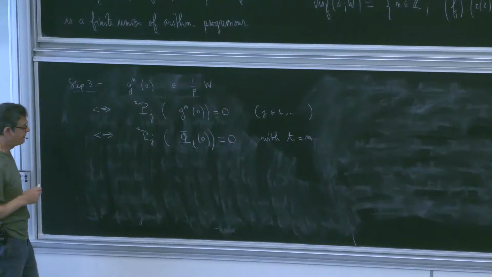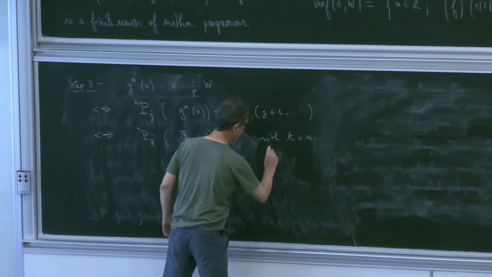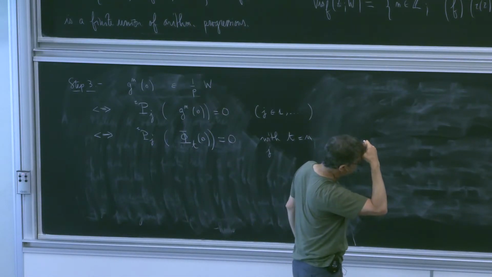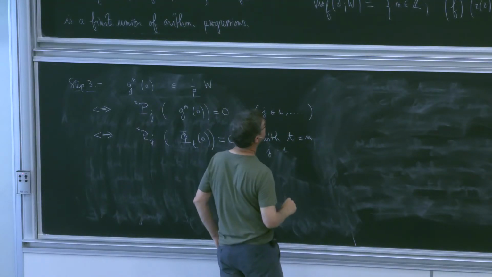Okay, so I'm interested in this type of equations for j. What was my notation? Oh, I have two L's which are not the same.